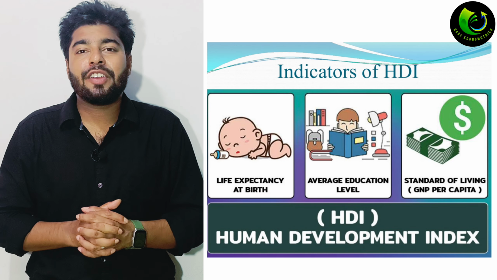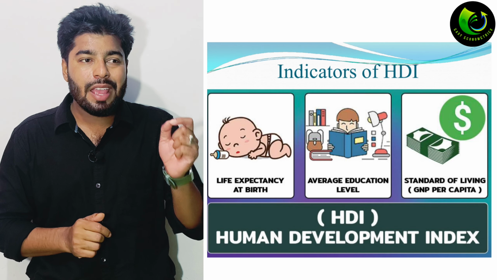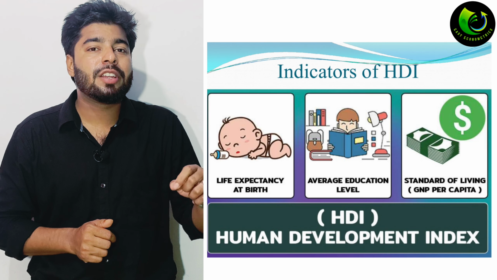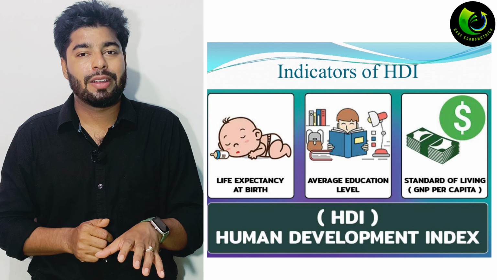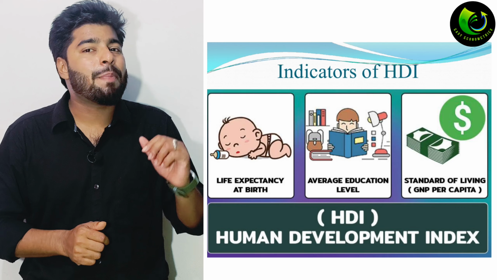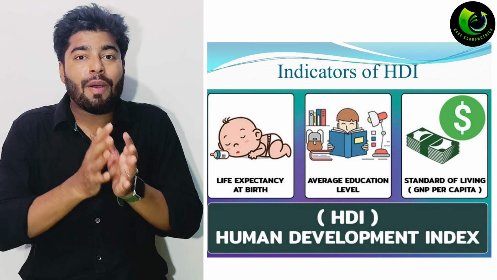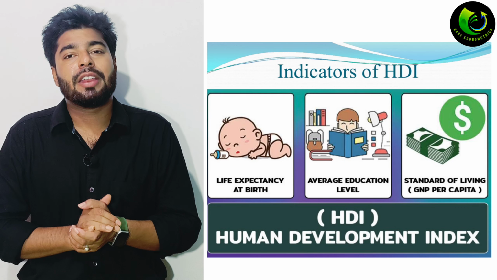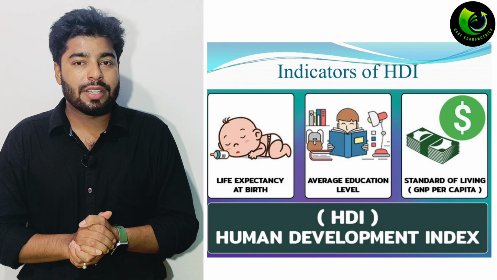What is average years of schooling? It is the average years of schooling received by people aged 25 or older. What is per capita income? It is the per person income, that means the total income of the country divided by the total population.